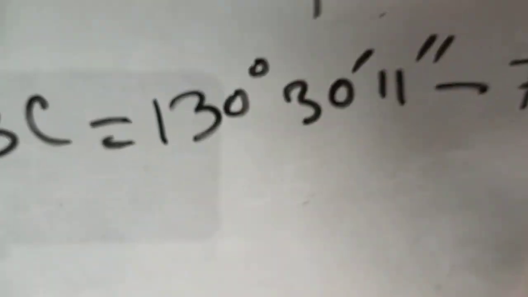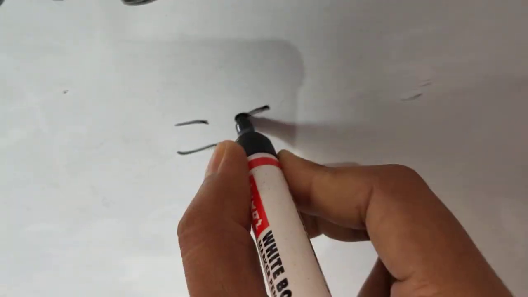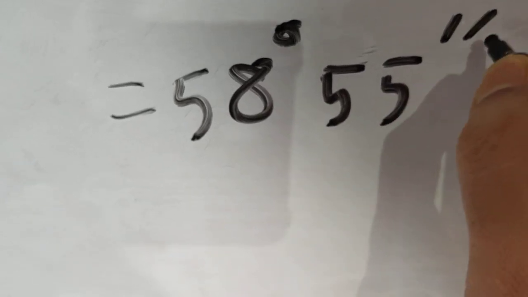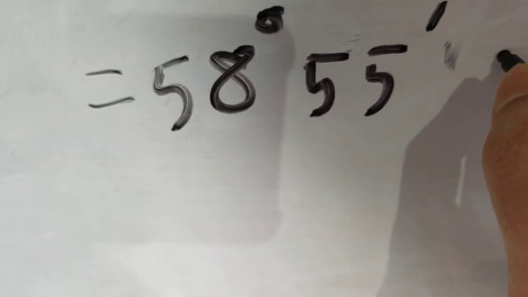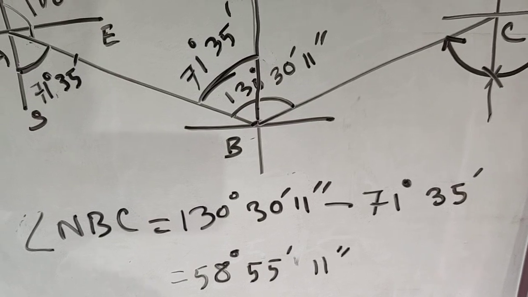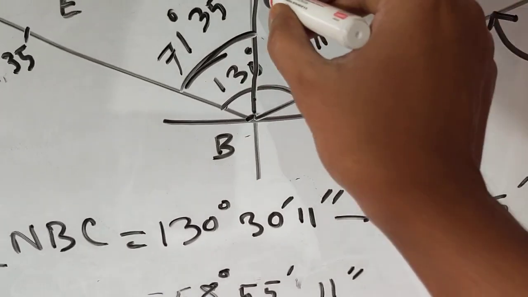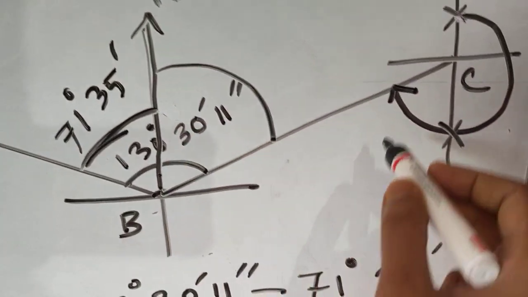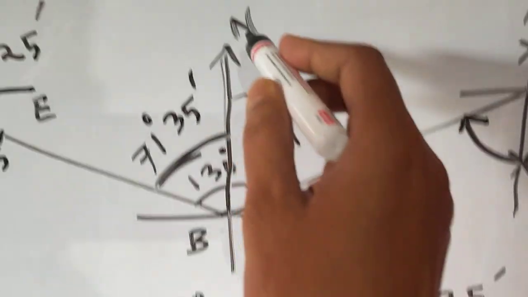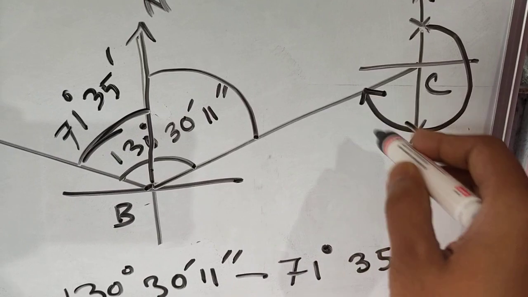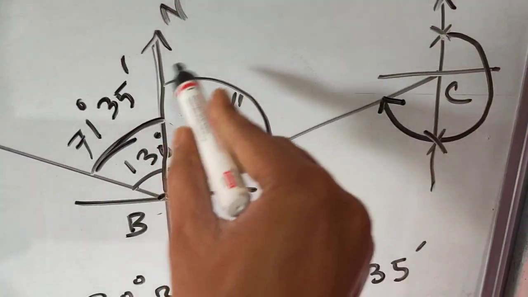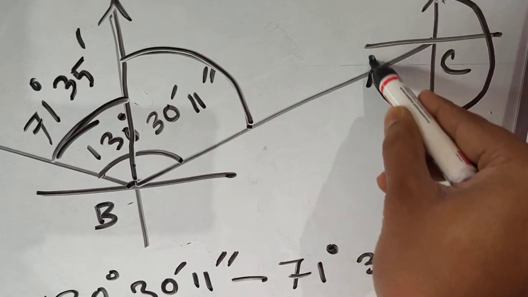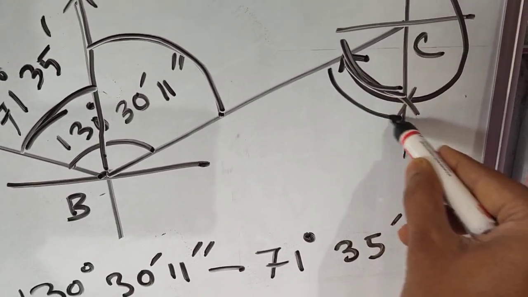Okay, so 58 degree 55 minutes and 11 seconds. So this angle we have got, and this angle is equal to this angle. Angle NBC will be equal to this angle because these two lines are also parallel. So this angle is equal to this angle, only this much.